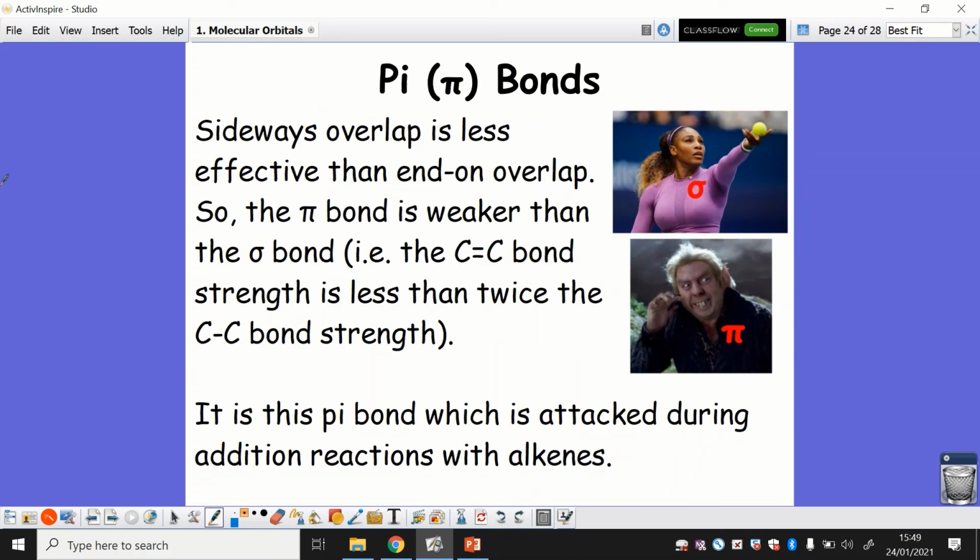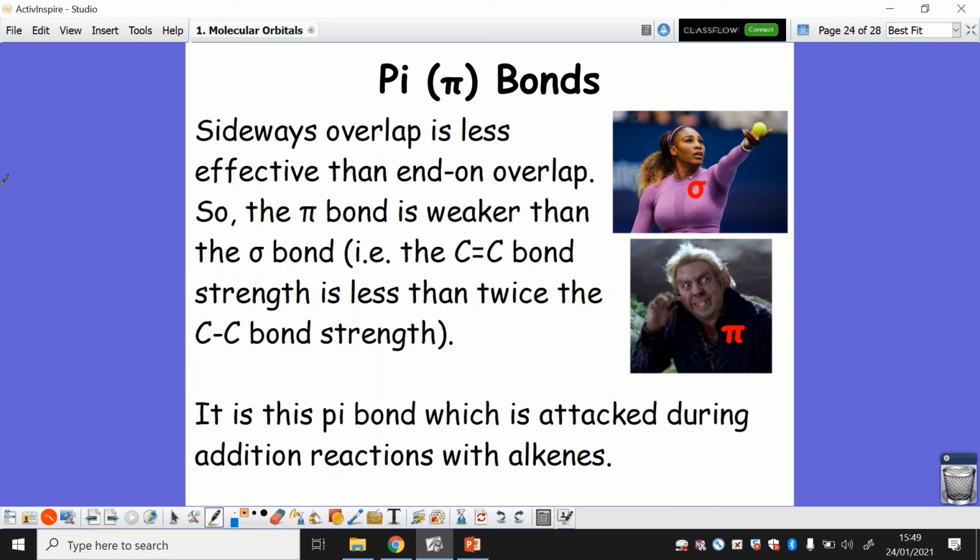So how are sigma bonds and pi bonds different? Well, the sideways overlap that is observed in a pi bond is much less effective, which means that the bond is much weaker. So if you have a look at the diagrams there, I have the queen of everything, Serena Williams, representing a strong sigma bond.